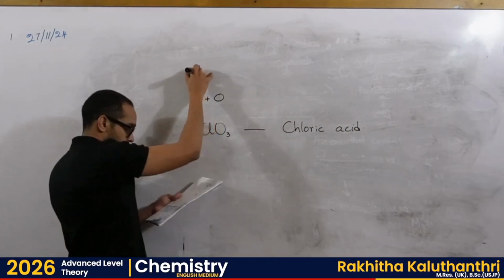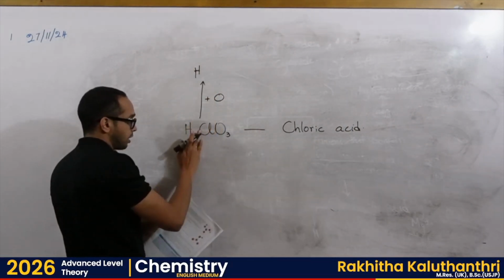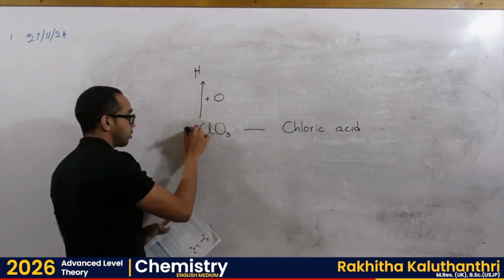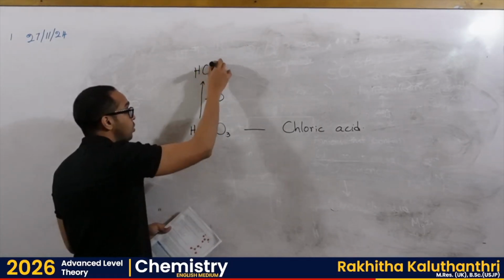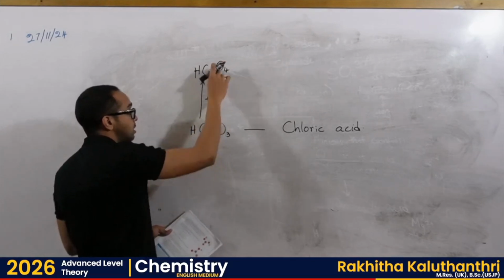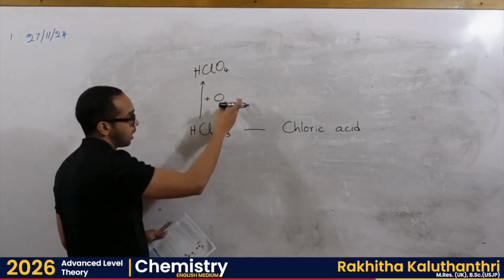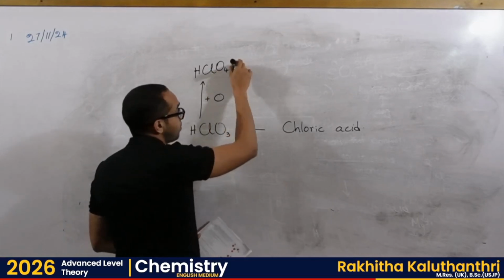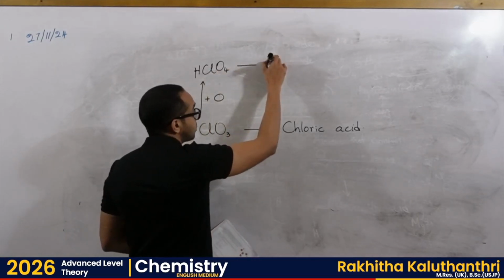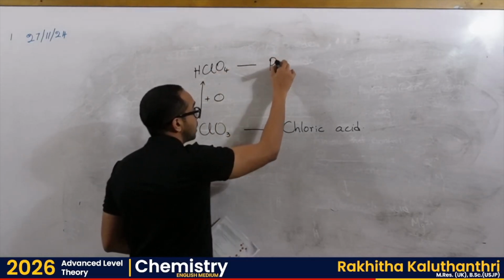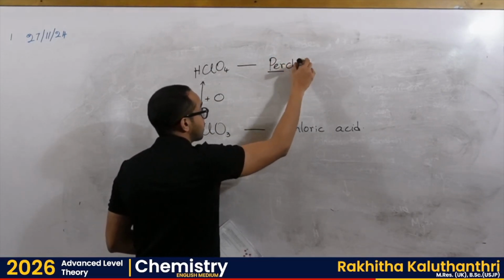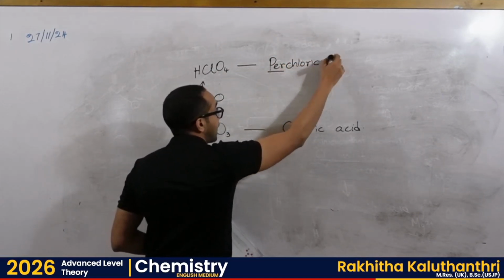So this becomes HClO4. There are acids with an additional oxygen like so here. So the name changes to perchloric acid.